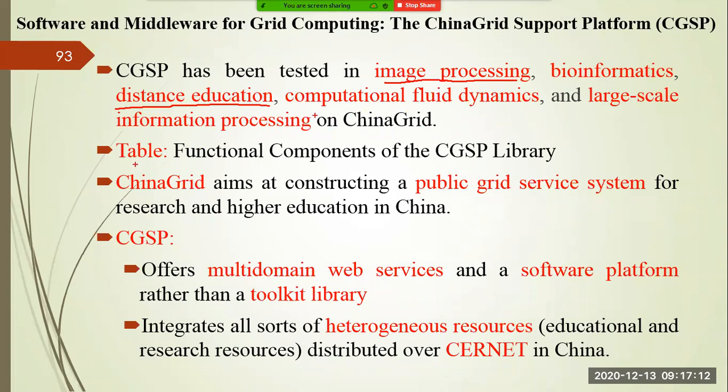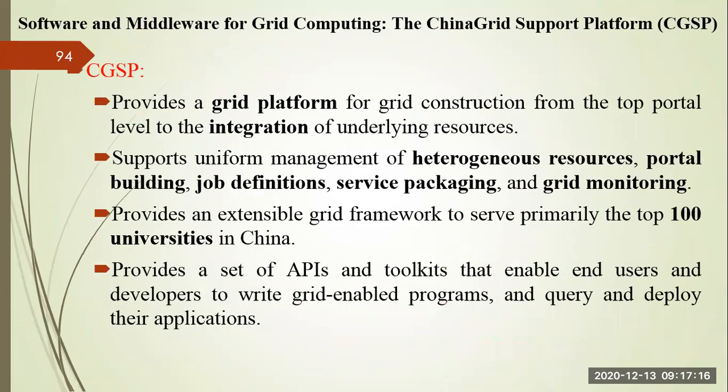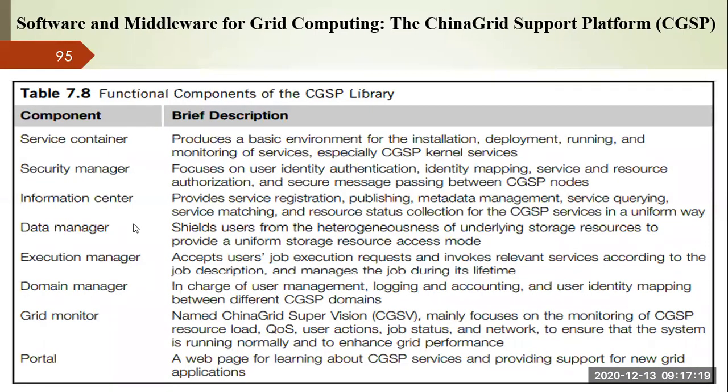And if you want to see the functional blocks of CGSP, I will show you. These are the functional components, the components in the CGSP library: service container, security manager, information center, data manager, execution manager, domain manager, grid monitor, and port channels. These are supported by your CGSP.